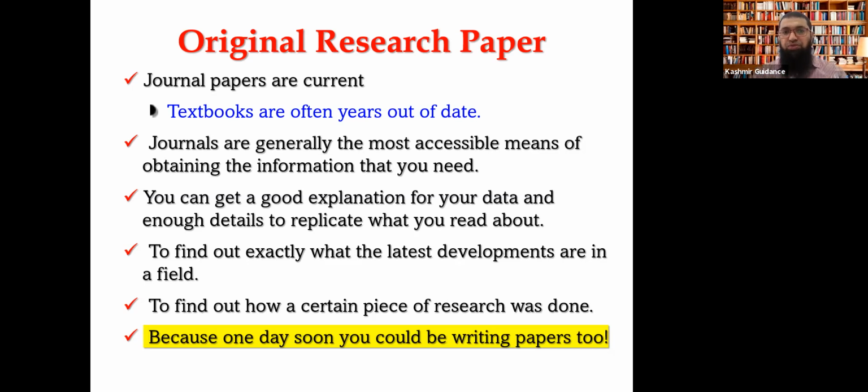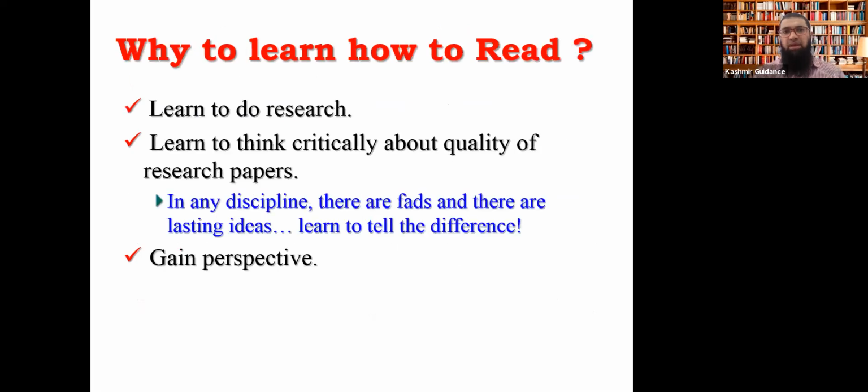So that's why, to find out how a certain piece of research was done, it is very important to read the original research papers, because one day soon you could be writing the papers too. When you read a paper, it becomes a tool for yourself, a pathway to learn how research papers have been written.